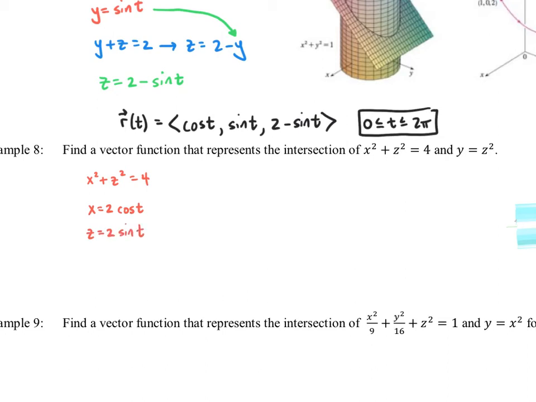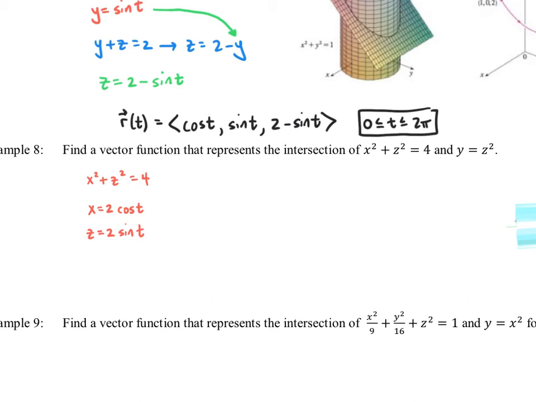Now remember, you can double check by putting those into your equations that you will in fact get 4, because again, cosine squared of t plus sine squared of t is equal to 1, and the 2 is representative of the radius. So again, we didn't have that really as a visual impact on the other two because the radius was 1.